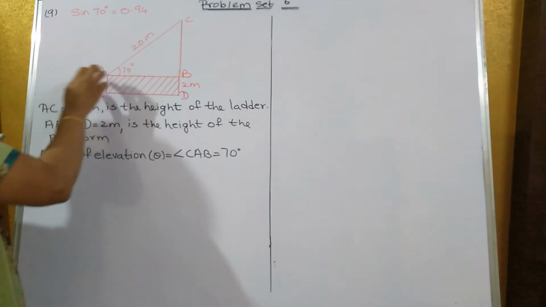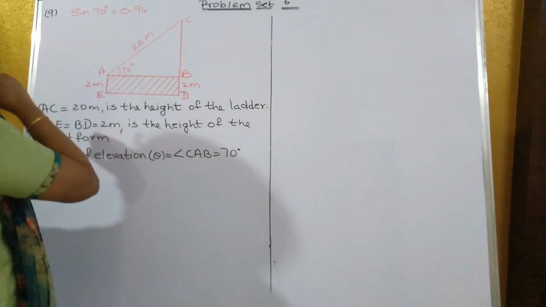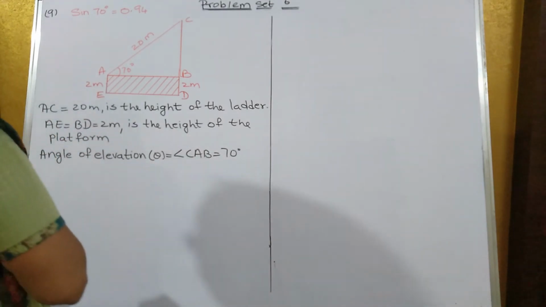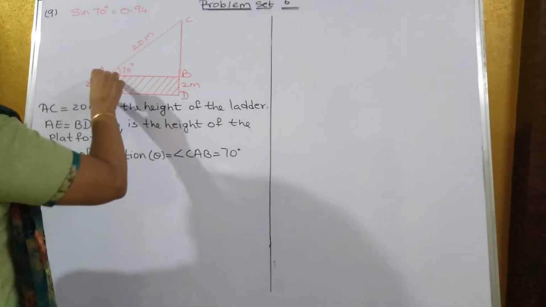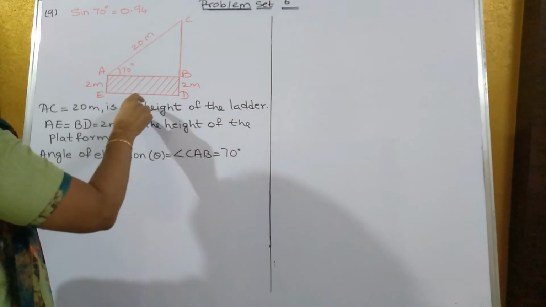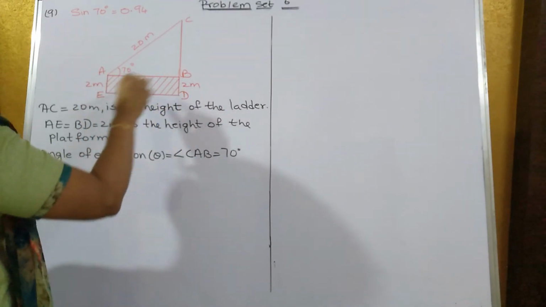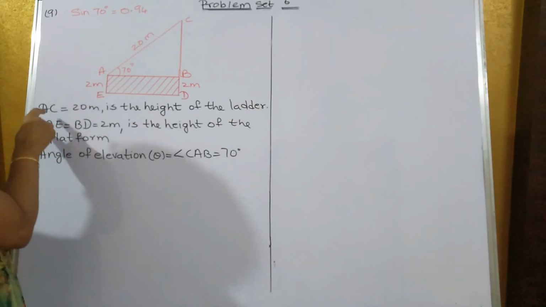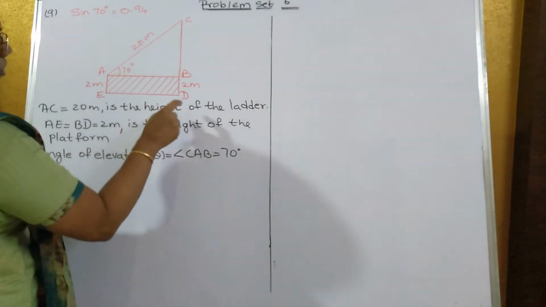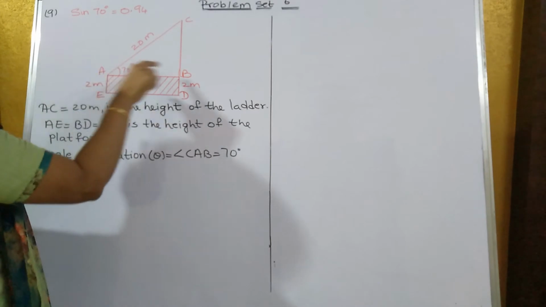The length of the ladder, when it is extended, is 20 meter. And the platform is of height 2 meters. So AE and BD will be equal, because the height of the platform is 2 meter. So AC is equal to 20 meter, the length of the ladder, and AE is equal to BD.